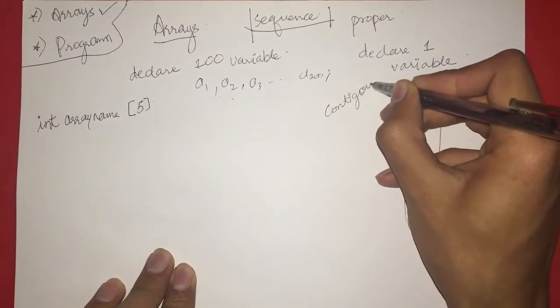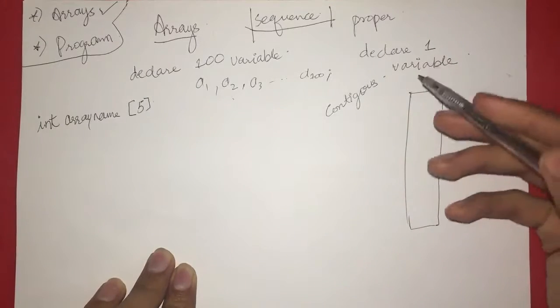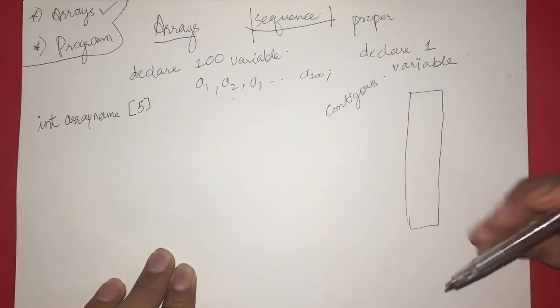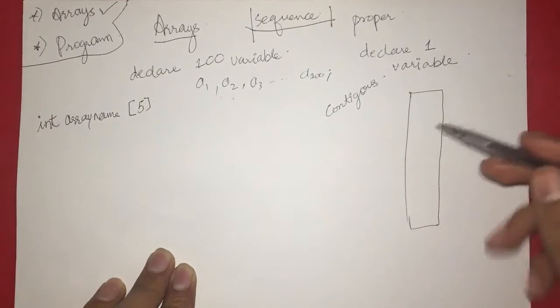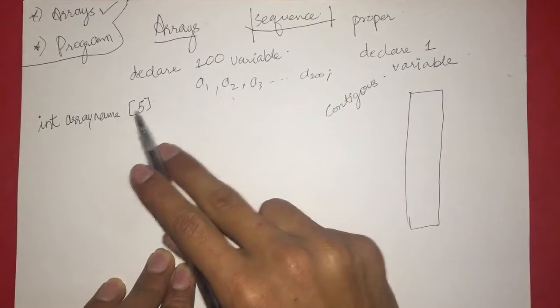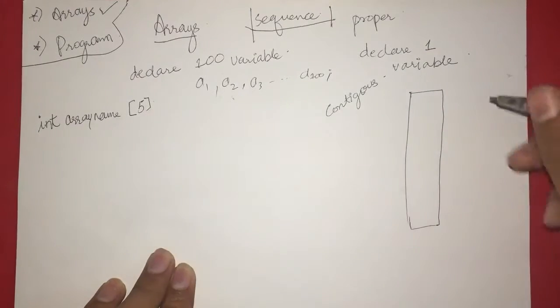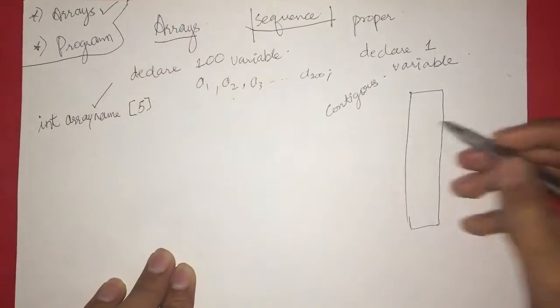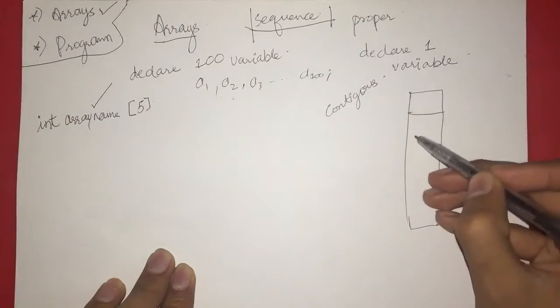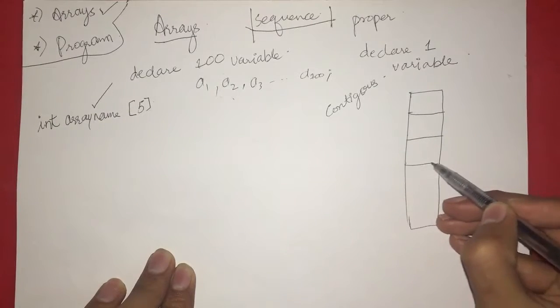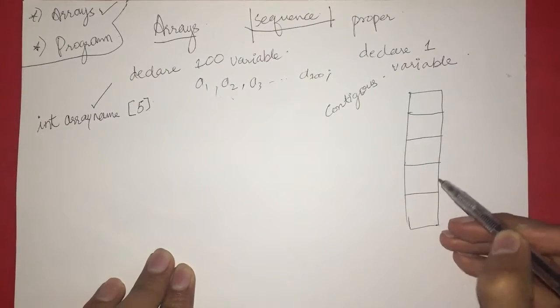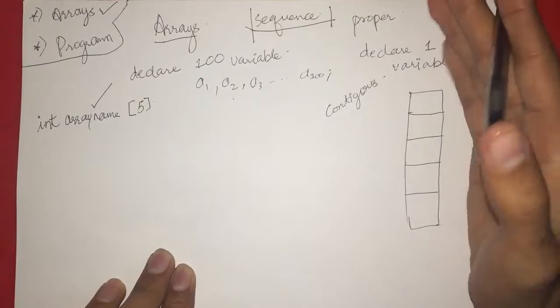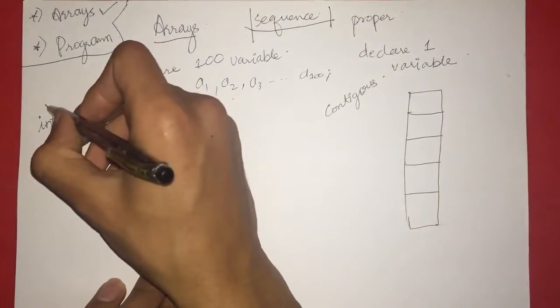What does contiguous mean? Contiguous means one after the other, at the same place. So these 5 memory locations are all named array name, and it has 5 contiguous locations in memory, and the data type is int.